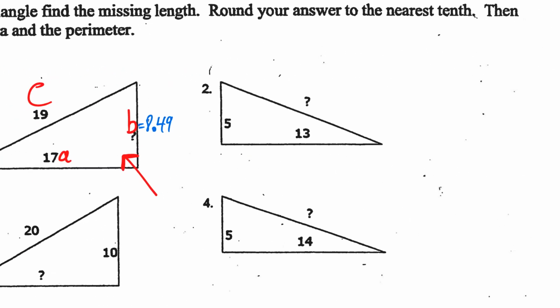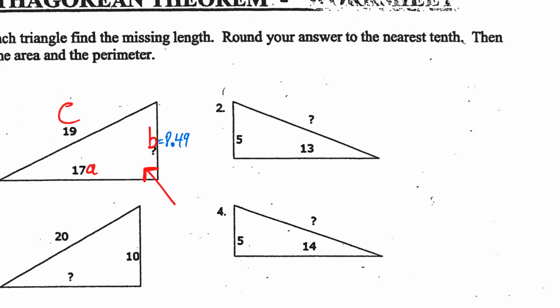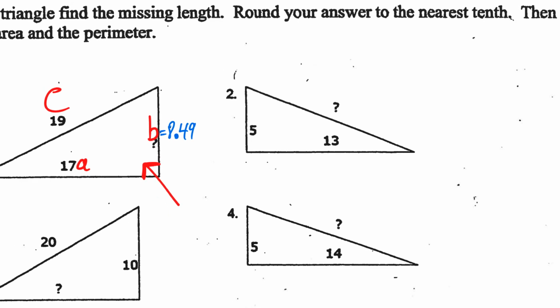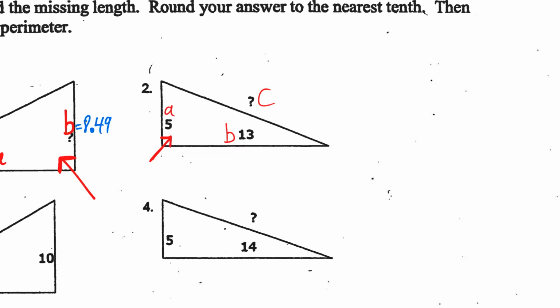Okay, number 2. So where's the right angle on this one? This one right here. Remember, that's an arrow pointing towards my hypotenuse. So which one is the C? X. It's the one I don't know. So we got A here, B here. On this one, A squared plus B squared equals C squared.